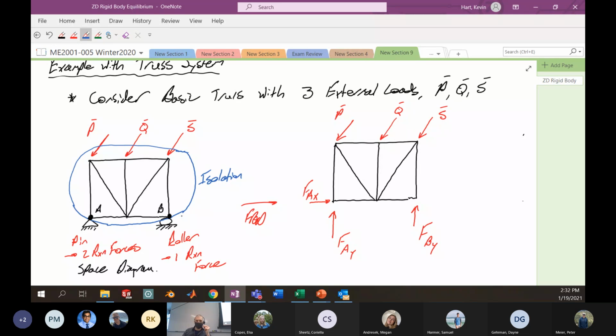Because of that, the roller only resists the motion of the truss downwards, and thus it can only apply force upwards at point B. So when we break away a roller from our original space diagram, we're only including one particular force. Okay, so we've got our forces now that are accounted for from our reactions.